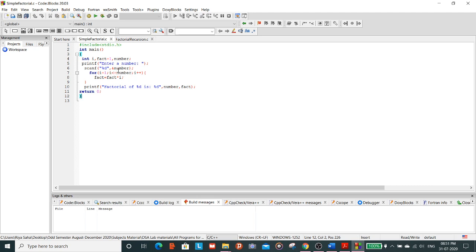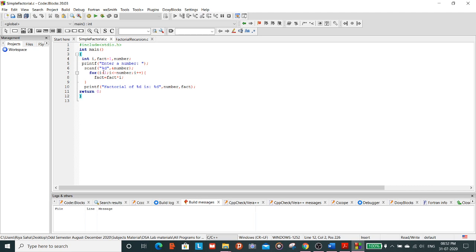That means the condition is true. If the condition is true, then control comes to this position. Fact equals fact into i. Fact is already assigned 1 and i is 1, so 1 into 1 gives 1. And again i increments, i plus plus.